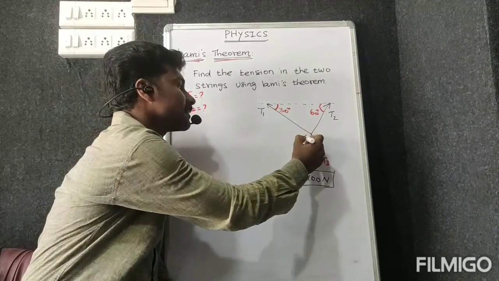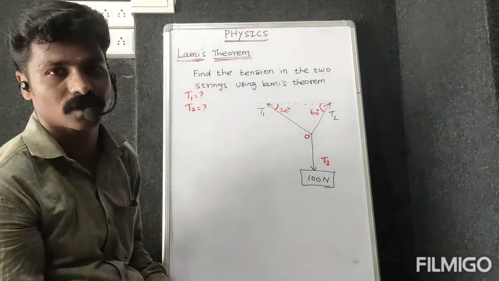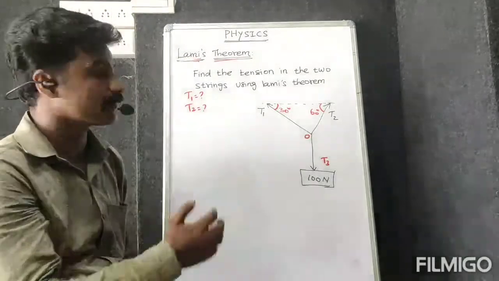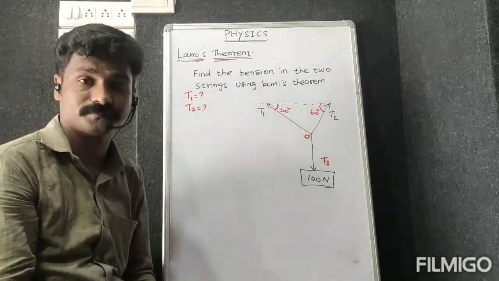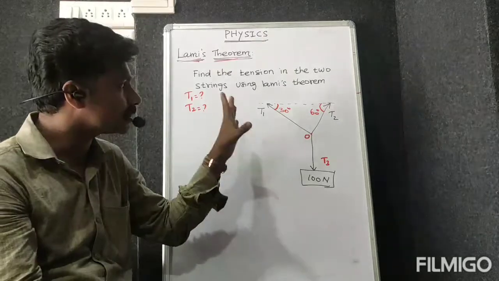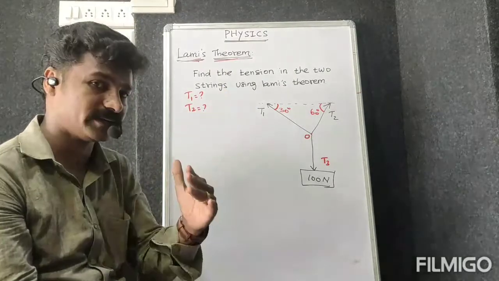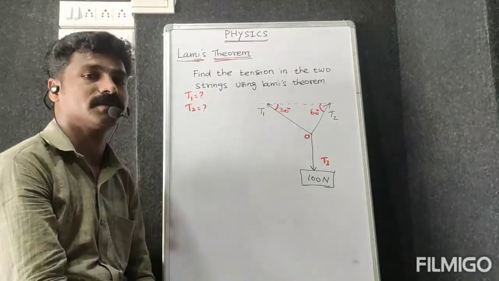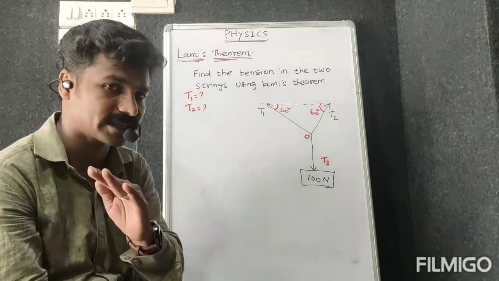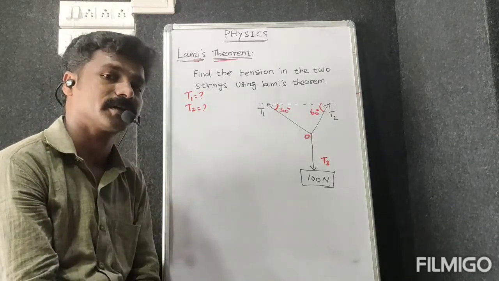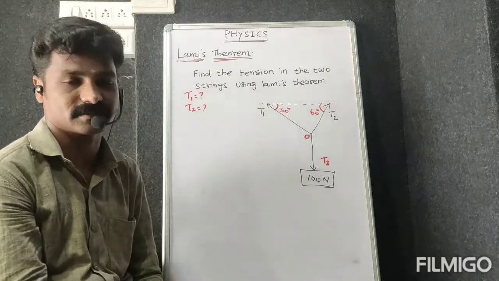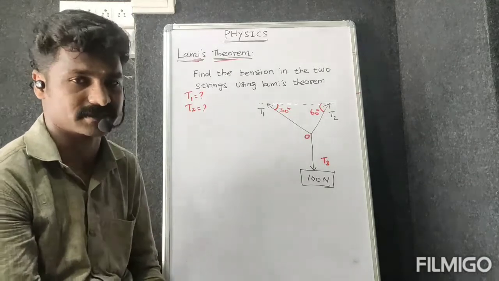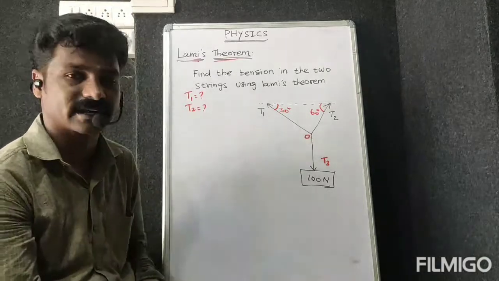Please listen, this is the center O. First, how to approach Lami's theorem? First you solve the diagram, first you find the angles from the diagram. If you find the angles from the diagram, then nearly 90% of the question is completed. After that it is only simple calculation. First you analyze this diagram.